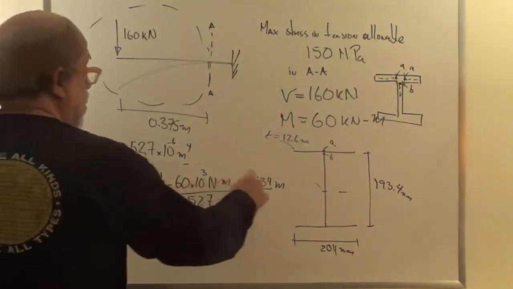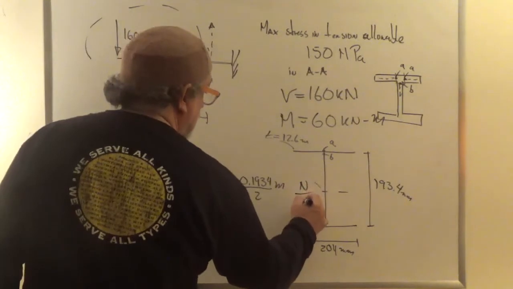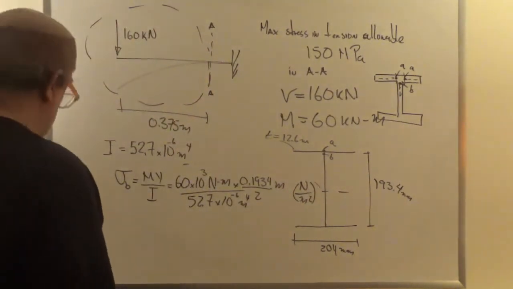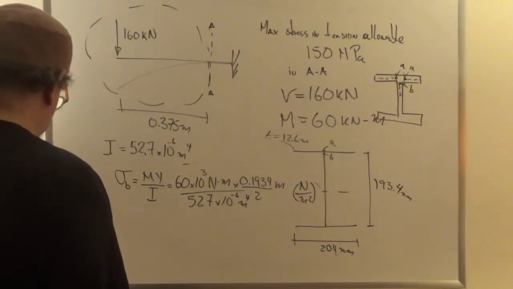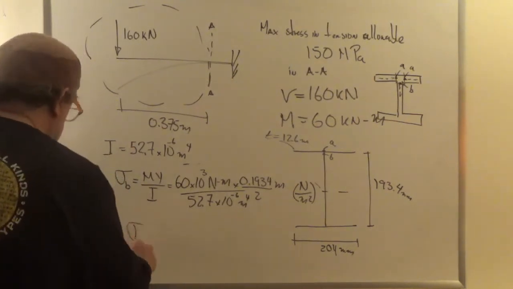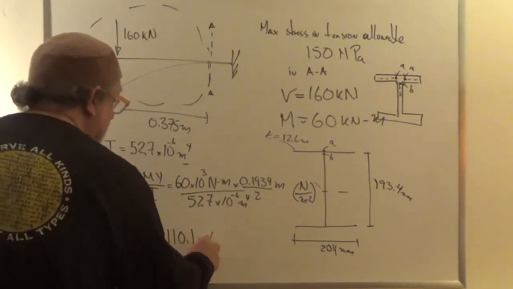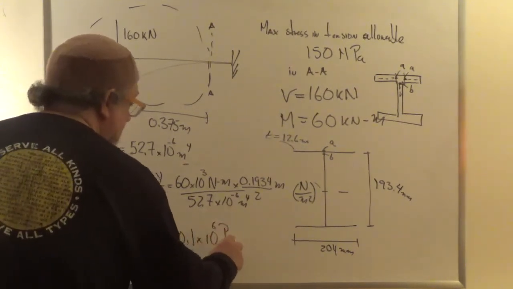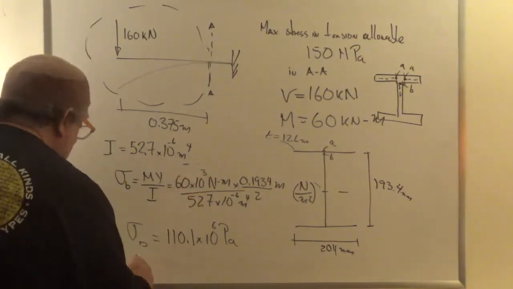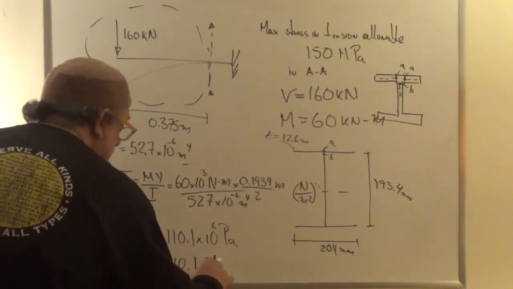So this number would be newtons per square meter, and that is pascals. What that turns out to be is that sigma B is 110.1 times 10 to the 6 pascals, or, stated otherwise, sigma B is equal to 110.1 megapascals.